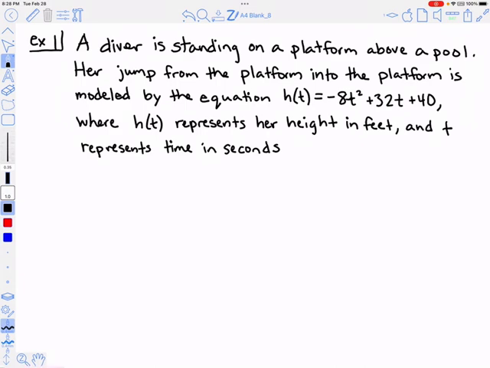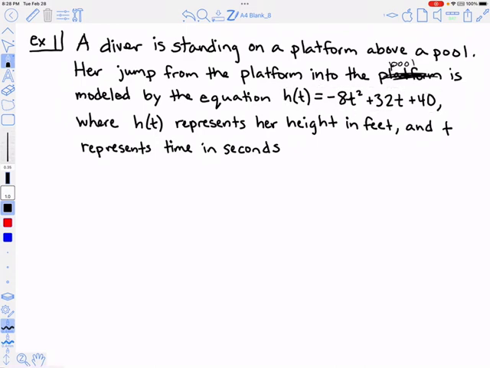But we're going to be looking at a diver who's standing on a platform above a pool. And she jumps from the platform into the pool. And it's modeled by this equation, h of t. So this is written in function notation, and so we're using t instead of x.